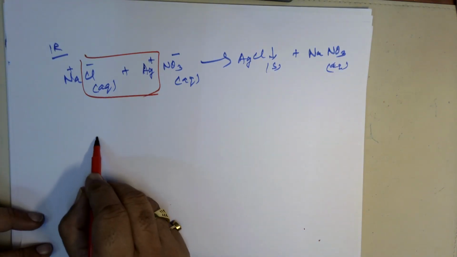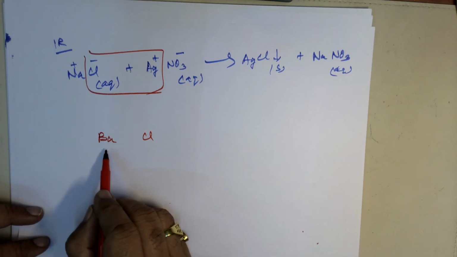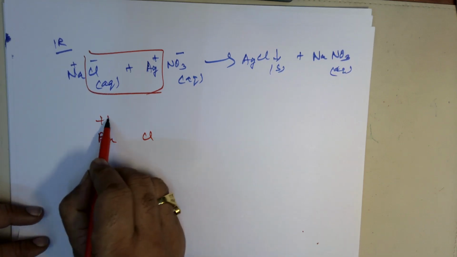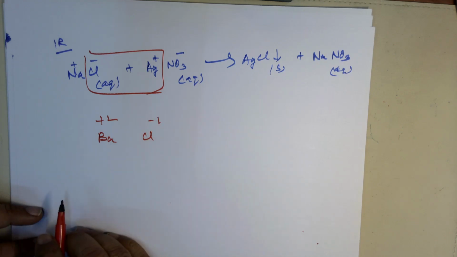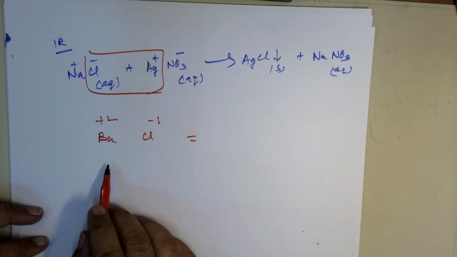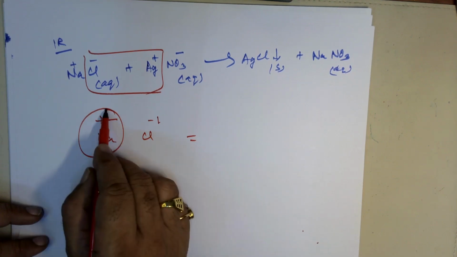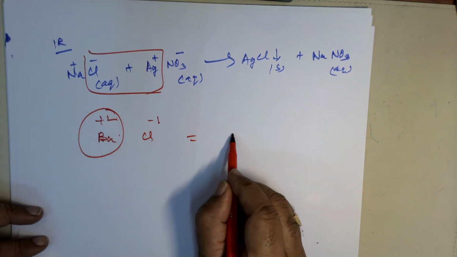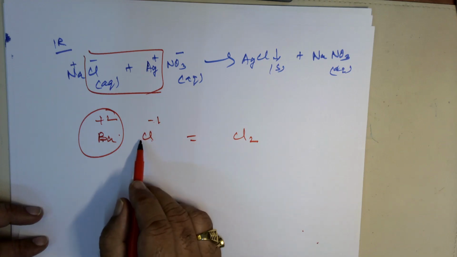For example, let me take barium and chlorine. Barium has got the valency plus 2. What about chlorine? Minus 1. So when they form as a compound, what happens? So Ba2 plus can accommodate 2 chlorine. So put 2 chlorine, whereas it has got only 1.